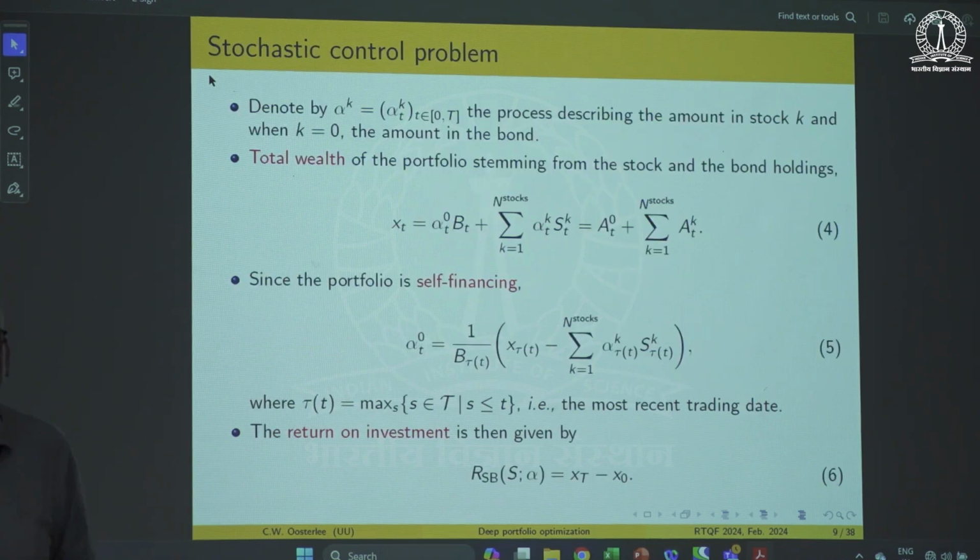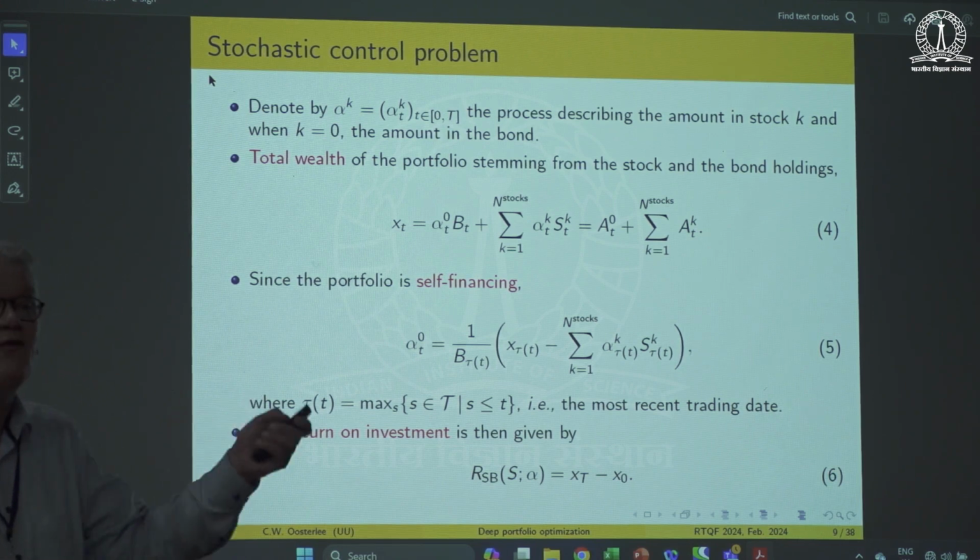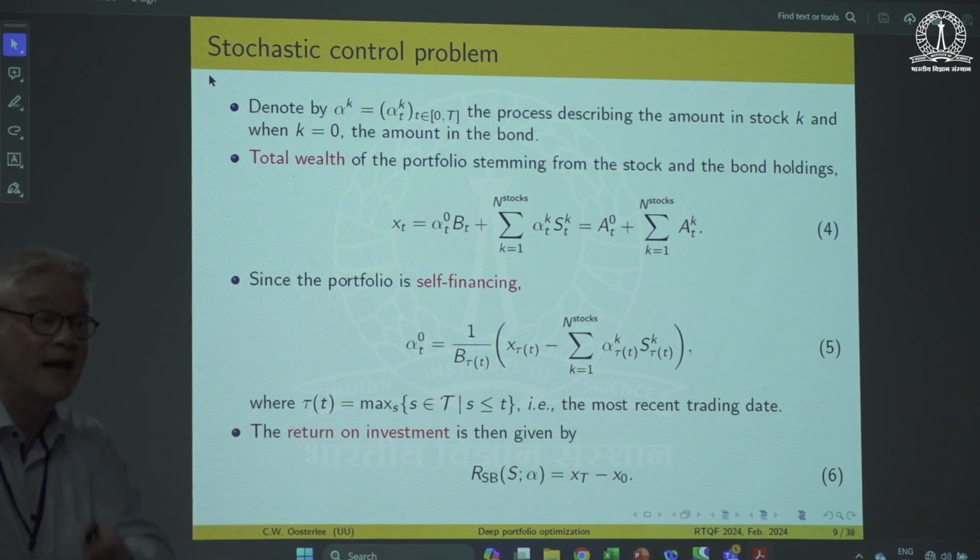So let's define that stochastic control problem. Let's look at our dynamics, essentially at our wealth. The little u from before will be alpha, beta, and k.